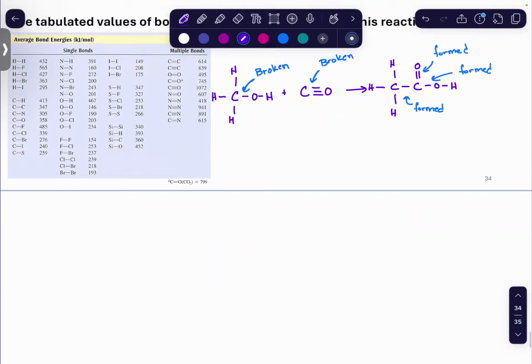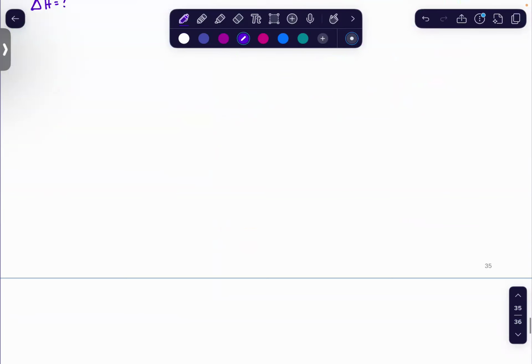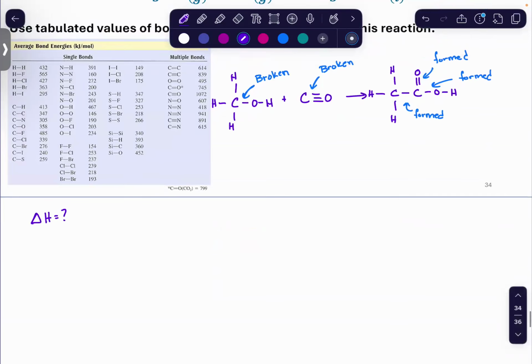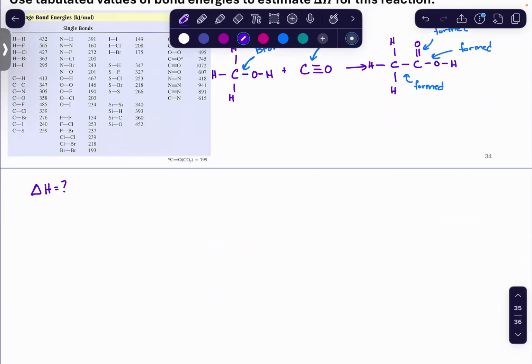So delta H is what? I use my table here. A C-O single bond is 358 kilojoules per mole. And how many moles of this? I have 1 mole broken, 1 mole formed.